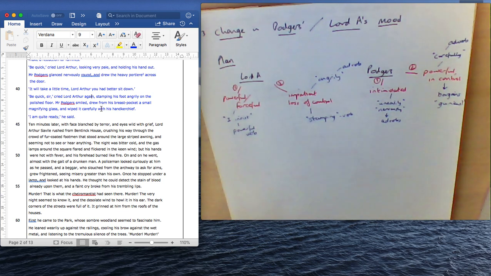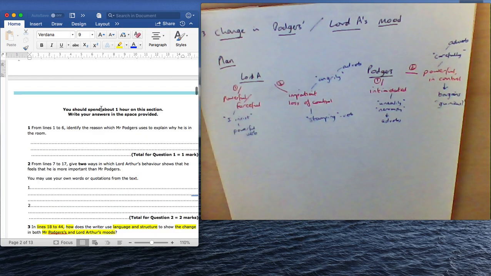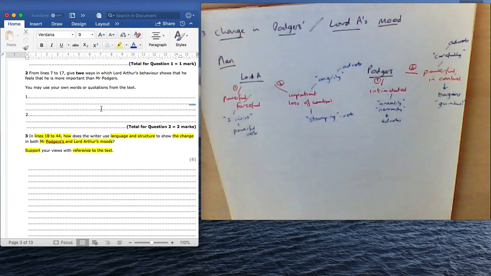So I'm going to use my plan in order to write my answer. When we were starting to learn how to write these language and structure questions, we may have used a very formulaic approach, where we use the keywords from the question and address the question, saying something like, in lines 18 to 44, the writer, Wilde, uses language and structure to reflect the change in both Mr. Podgers and Lord Arthur's moods.